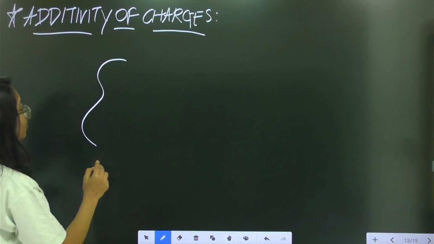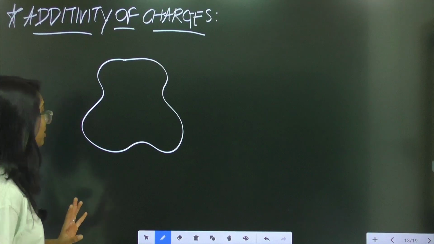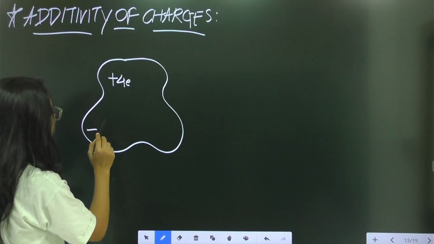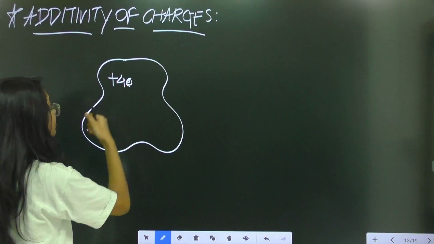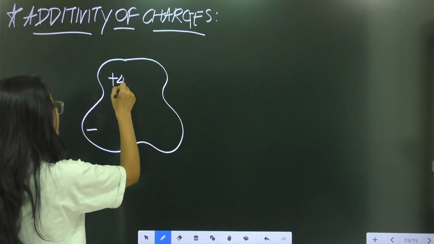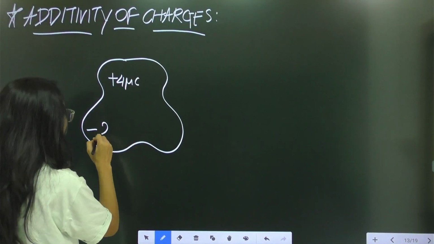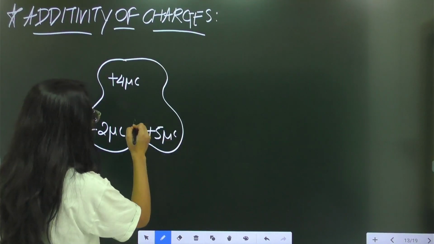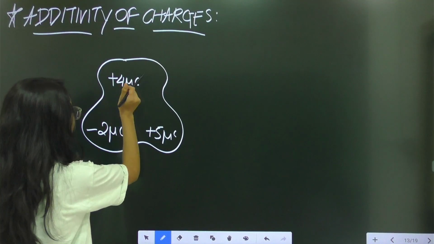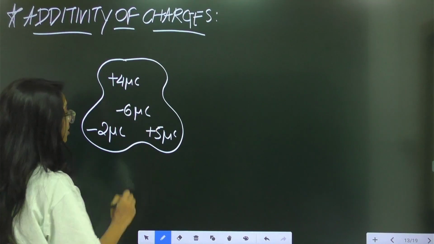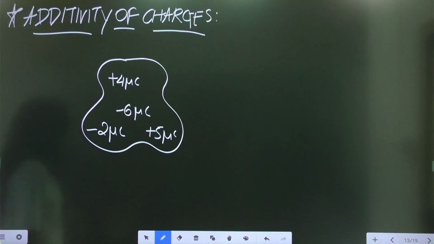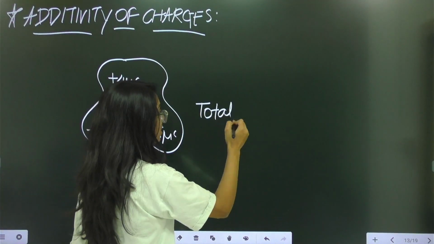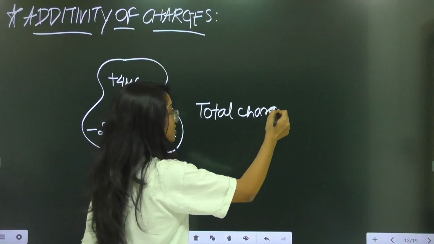Now suppose this is some kind of object, okay, and there is +4 microcoulomb charge here, there is -2 microcoulomb, here it is +5 microcoulomb charge, and here it is -6 microcoulomb charge. So what will be the net charge, or the total charge of this object?